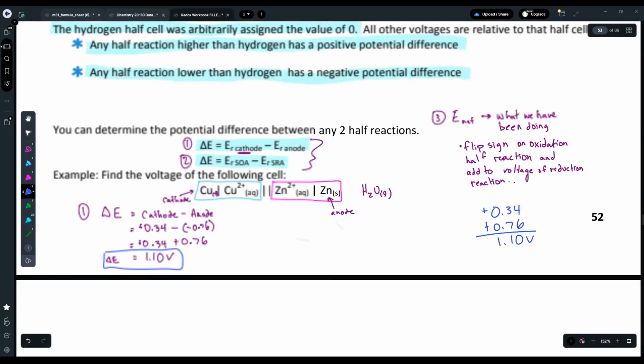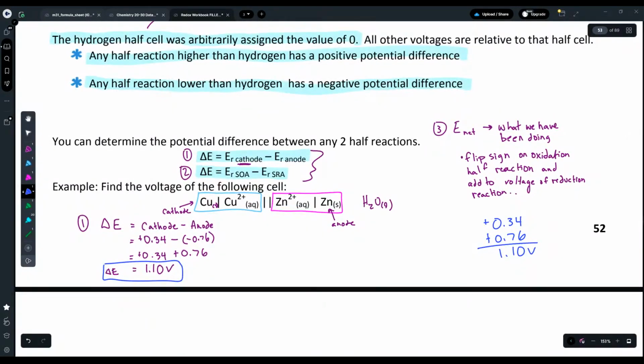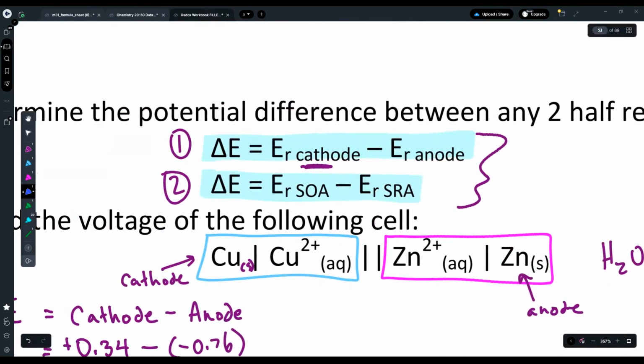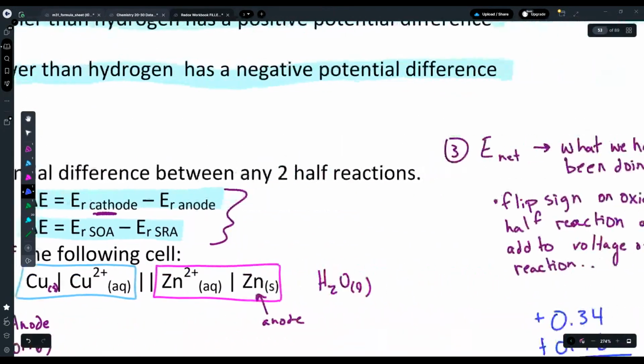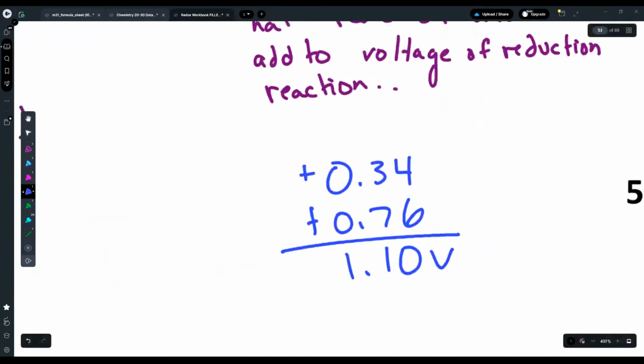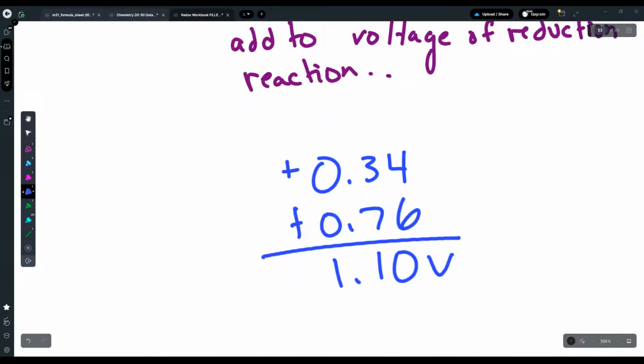Okay, so you can choose which method works best for you. The only difference is this is a little bit more mathy, but you don't have to remember to flip the sign on the oxidation reaction. Or alternatively, if you want to remember to flip the sign on the oxidation half reaction, then you can do it this way.